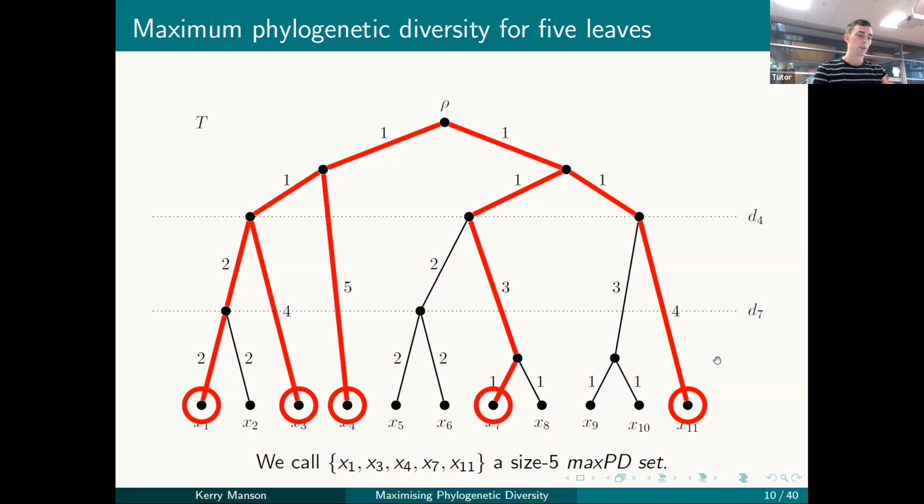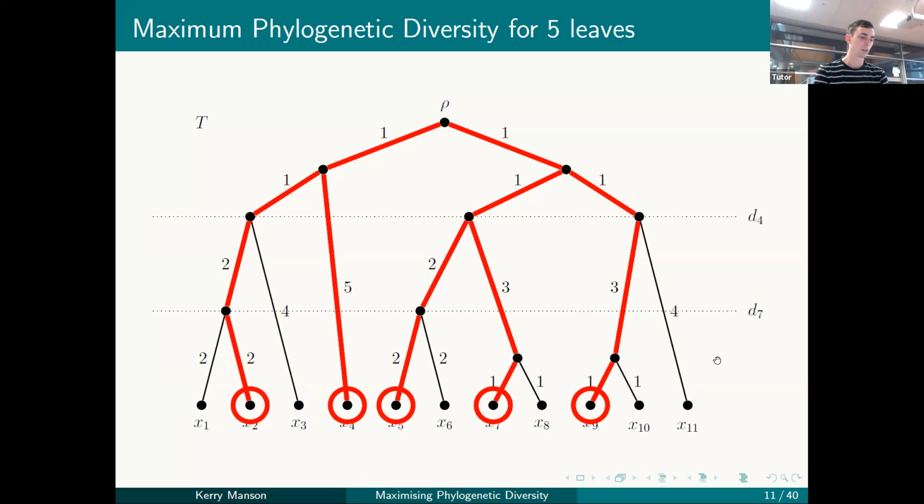So I'm going to show you a few size 5 MaxPD sets, and this might be a bit strange, but as I flick through them, try to see which parts of the spanning tree, or the minimal tree, don't change. Some things will change between each MaxPD set, but some things won't. And so here's another.